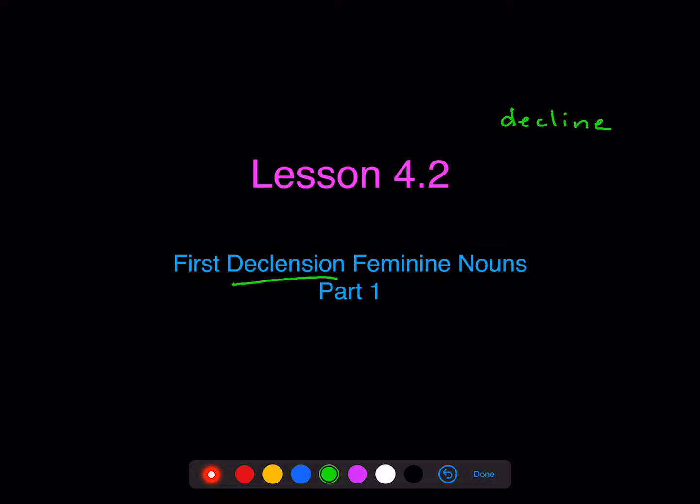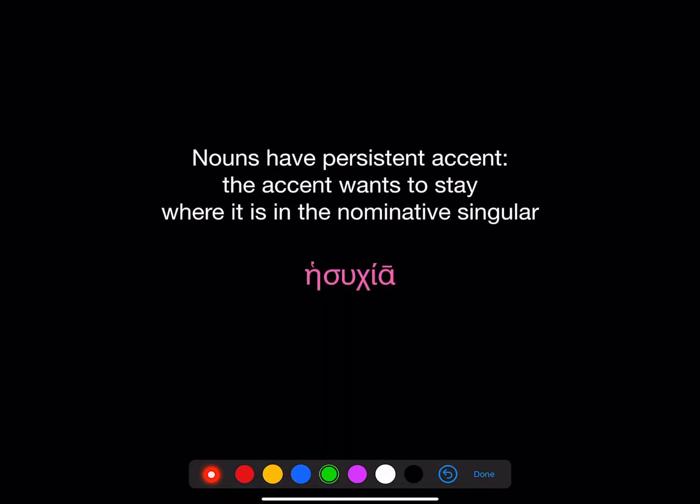And so we're going to start looking at nouns by looking at the first declension, a family of nouns that take similar endings. Before we begin, though, we have to say one thing about accent. So we learned that verbs have recessive accent. That is to say, the accent on a verb goes back as far as it can according to the rules of accent.